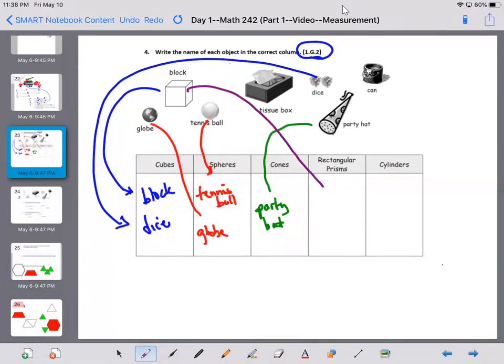So a rectangular prism, well, the block falls in that category of a rectangular prism, and the tissue box and the dice. They would all be considered rectangular prisms.